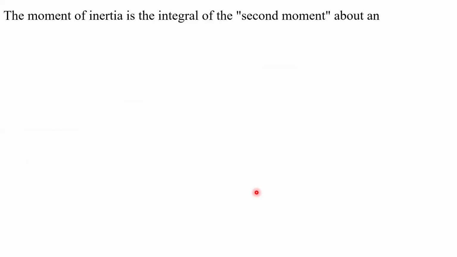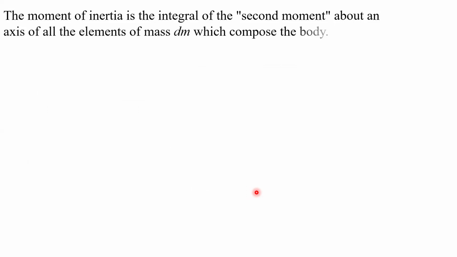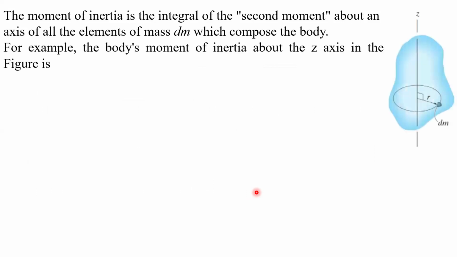The moment of inertia is the integral of the second moment about an axis of all the elements of mass dm which compose the body. For example, the body's moment of inertia about the z axis in the figure is this. This r is the radius. We are looking at just a piece or a particle in the body, measured as dm.